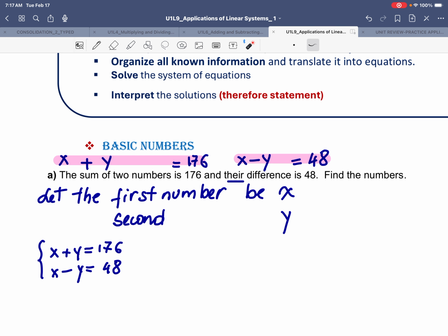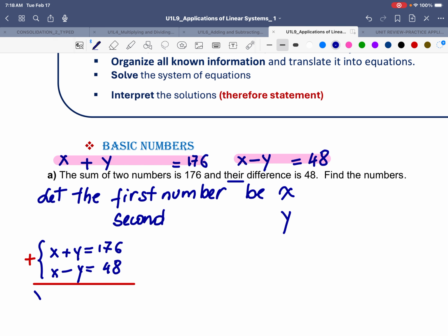But I do notice here that the variable y has opposite signs here, so I am going to solve by elimination, and that will happen if we add the two equations. So the elimination of y will happen if we add the equations, the first and the second, because y plus negative y will be 0.